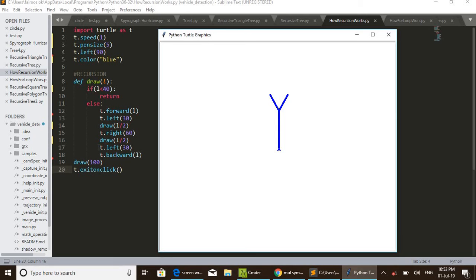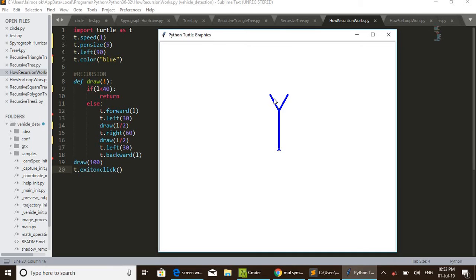So after that, t dot left 30, returning back to here itself, and t dot left 30. Actually after turning 60 degrees right, the turtle was in this direction. Then by shifting 30 degrees left, it becomes in this same direction, right?